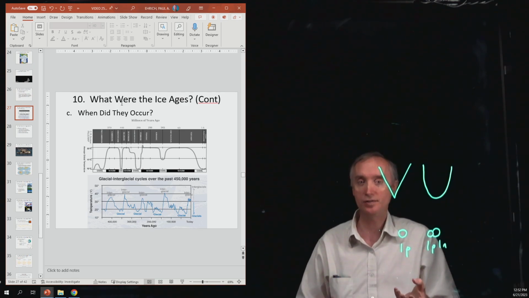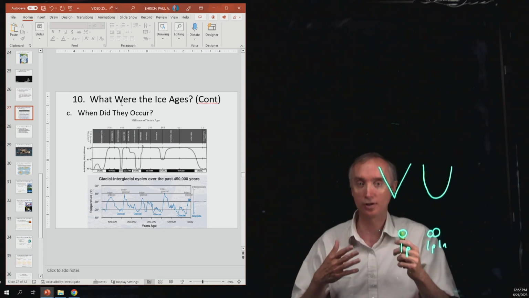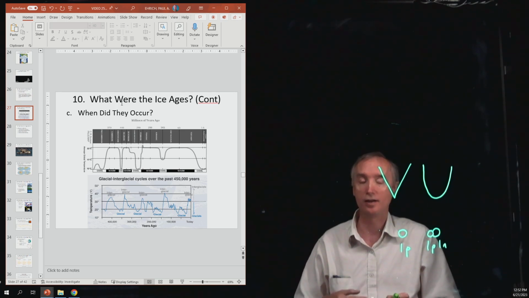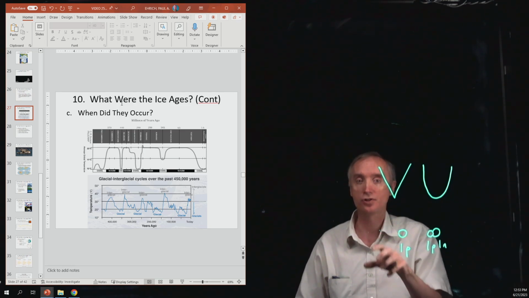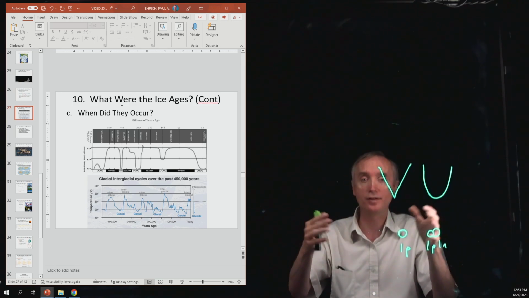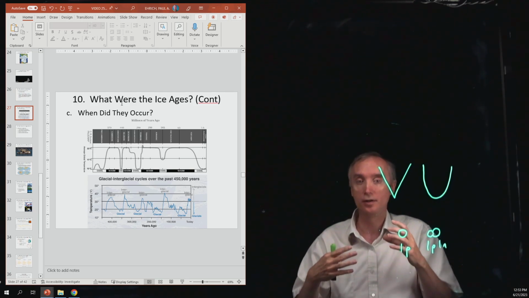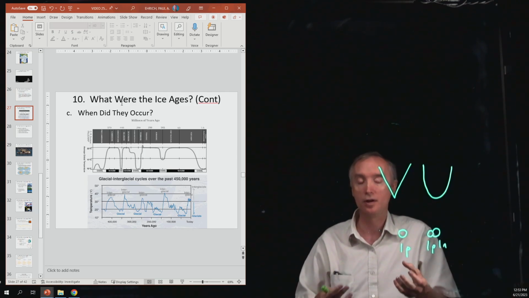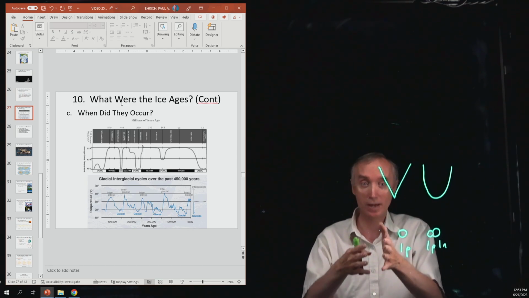But the most recent time when the Earth has been covered up in ice is during the present time. For roughly the past 1.6 million years, the Earth has been having ice ages. The bottom graph shows that period of time, roughly the last 500 million years of Earth's history, expanded.